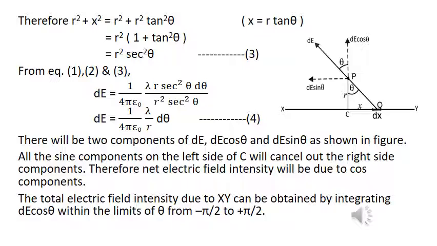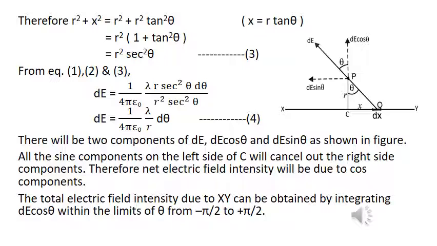So we can obtain the net electric field due to the uniformly charged thin wire XY by integrating dE cos theta from the limits of theta minus pi by 2 to plus pi by 2.